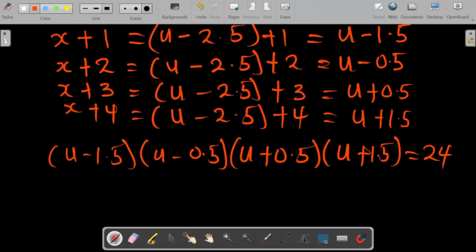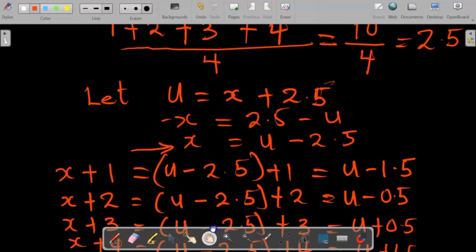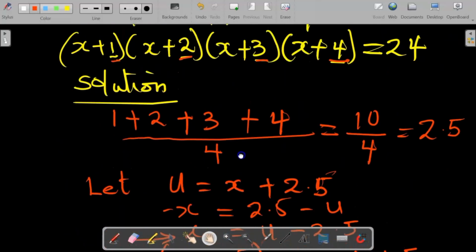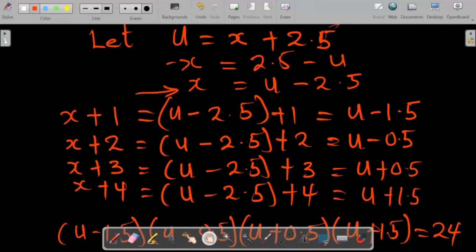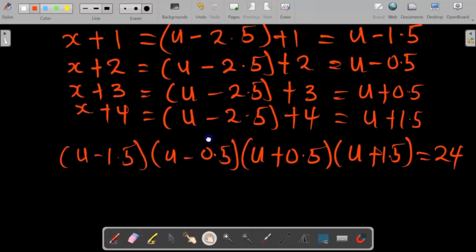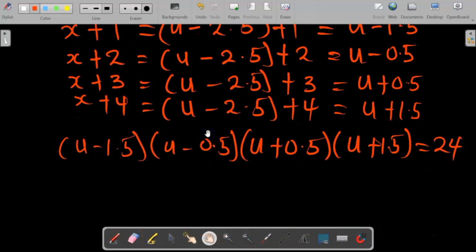Everything is equal to 24, from the original equation. Now, what do you notice?